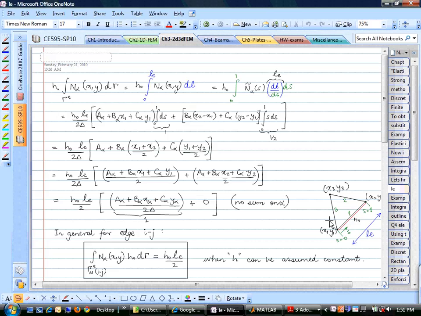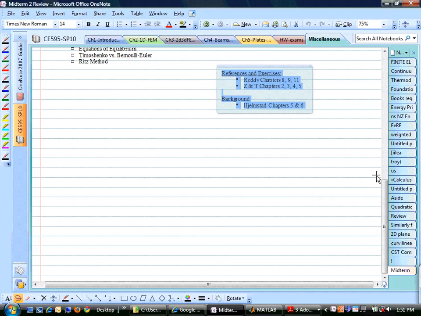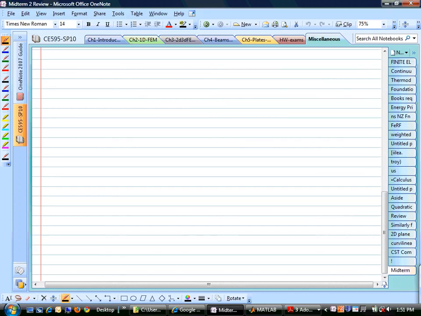How would you do that? So something like this. Let's say you have this triangular element, and if I give you a traction acting in this way, how would you find the element force vector?